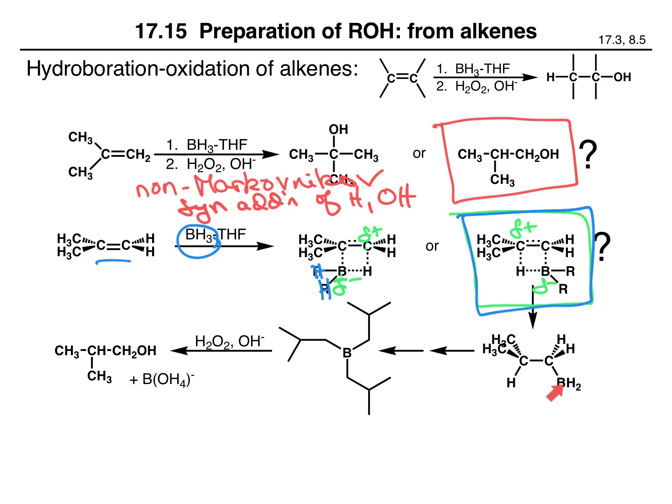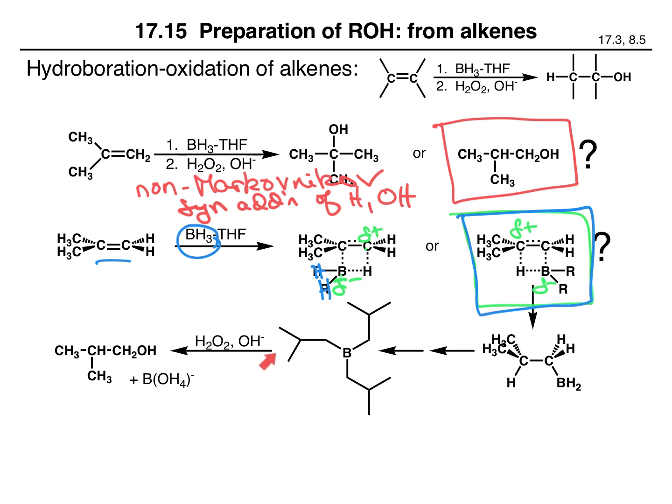But this can now interact with another molecule of alkene, and so we're going to form a dialkyl and then a trialkyl borane. Three molecules of alkene can react with each molecule of BH3. This is what we have at the end of the hydroboration step.